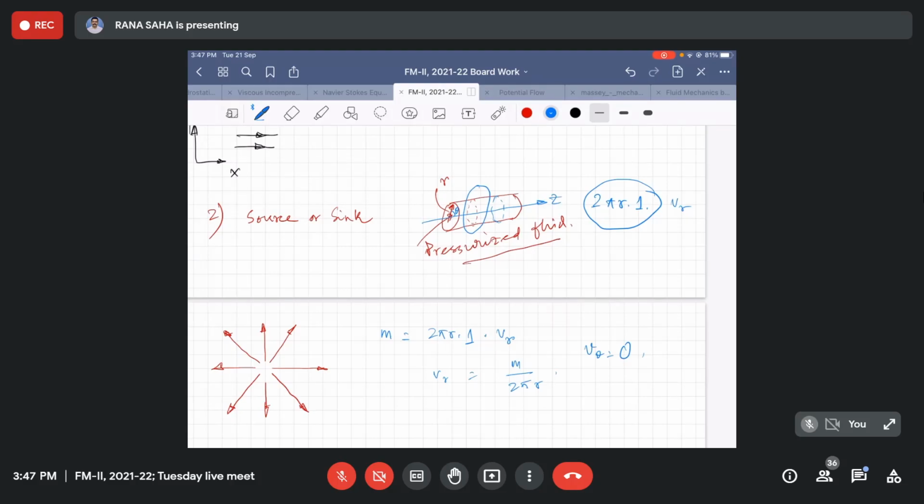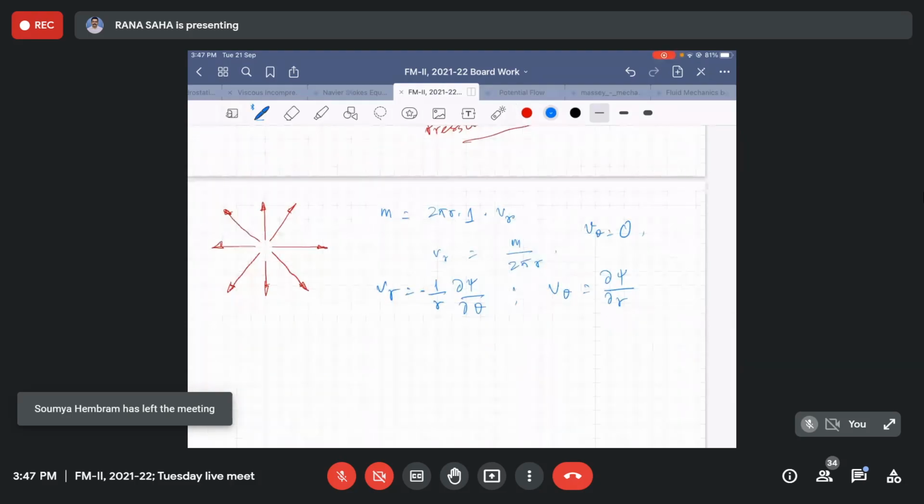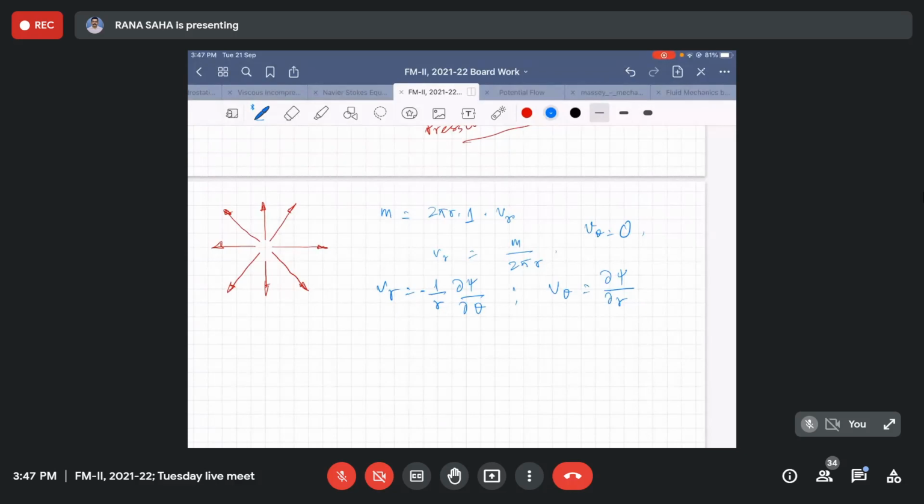And similarly, the velocity potentials can be defined as VR equals minus del phi del R. Let me restate: VR in terms of stream function is minus 1 by R del psi del theta, and V theta in terms of stream function can be written as del psi del R. And in terms of velocity potential, VR equals minus del phi del R, and V theta is equal to minus 1 by R del phi del theta.